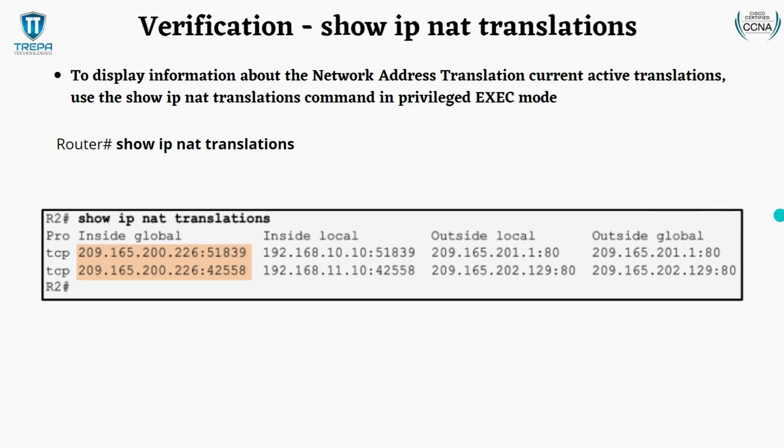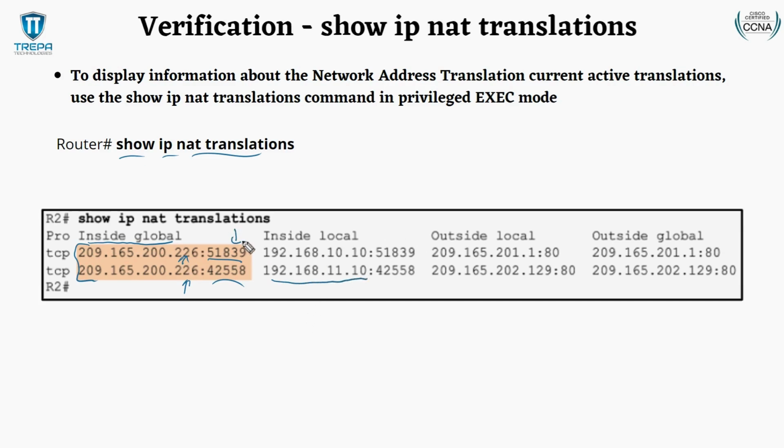So the most important command here that you're going to use for NAT verification during translations, right? If you want to see what's happening right now on the wire, is going to be show ip nat translations, which is going to show you that NAT table, which gives you your inside global, which is going to be your router's public IP. And here we can see we're doing PAT because we're using the same IP address for translation, but have different inside addresses.